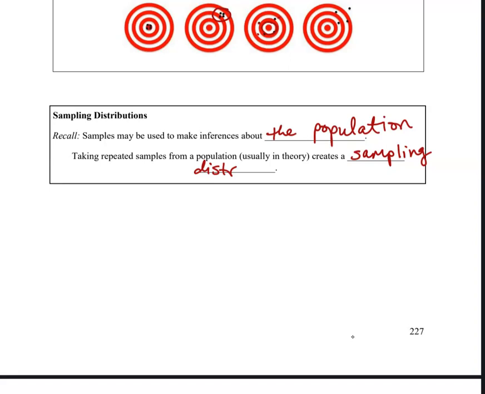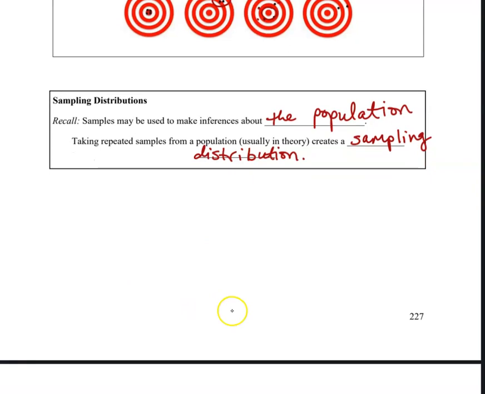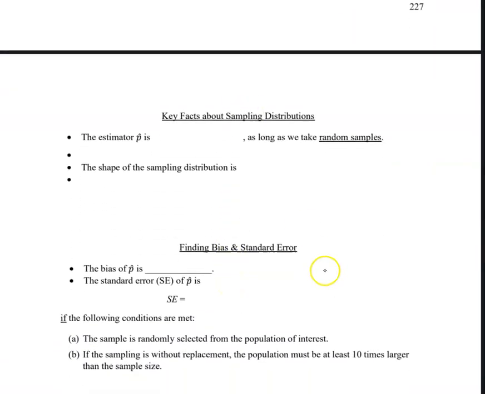And this sampling distribution has some really key characteristics that will help us make inferences about the population. It will help us decide how good our survey is, how well our sampling method is working, and give us some estimates for what we think will be true about the population. So let's look at some of those characteristics.